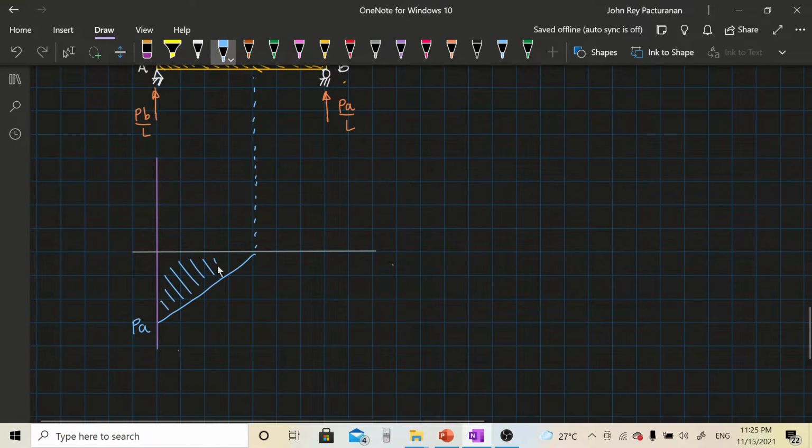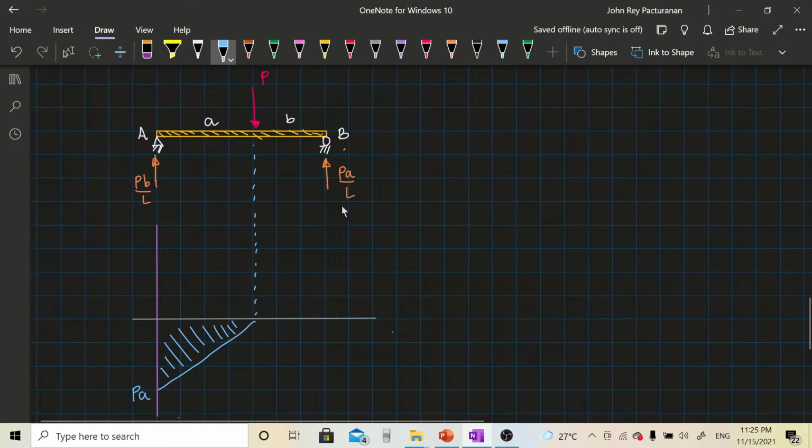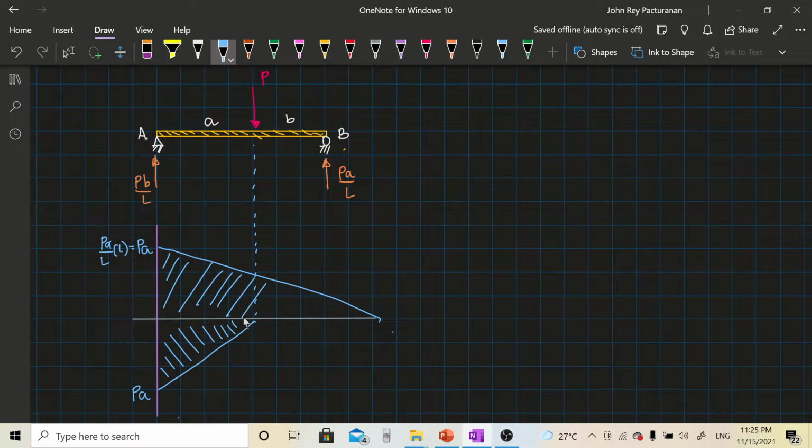So, shade nga natin. On the other hand, dito tayo sa PA over L, then multiply mo siya ng L. So, therefore, PA over L multiply by L, sorry, that is simply PA. Okay? So, we have two triangles, both of them have a height of PA.